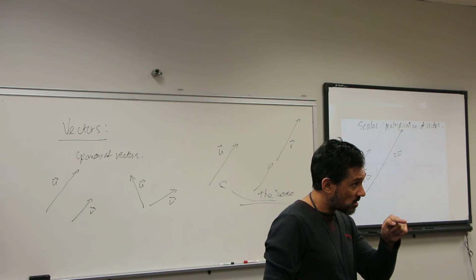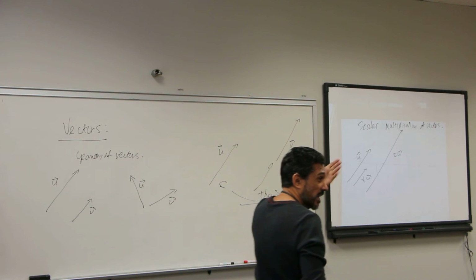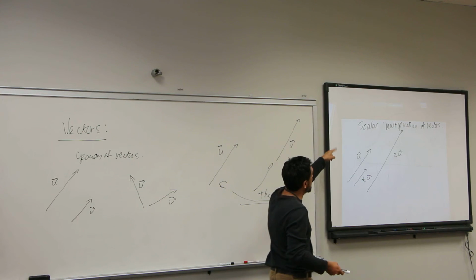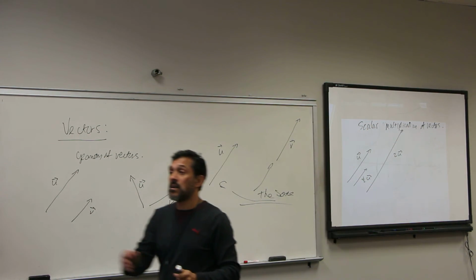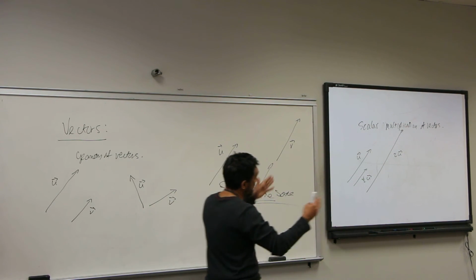A vector. Clear. So this is an operation on vectors to obtain a vector. Scalar multiplication of vectors, that is to say, take one vector and multiply it by a scalar and obtain a new vector.